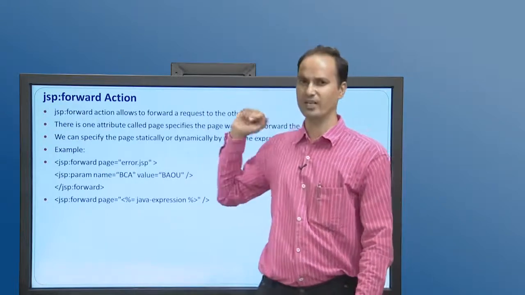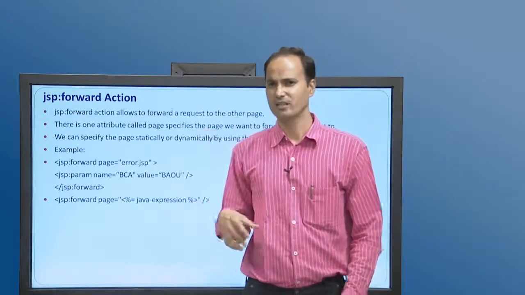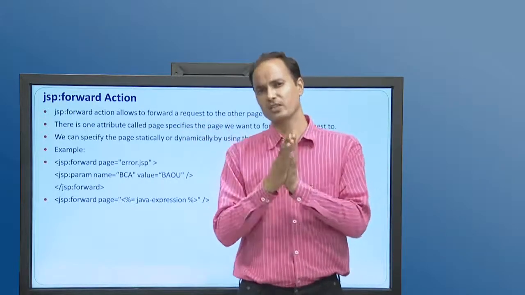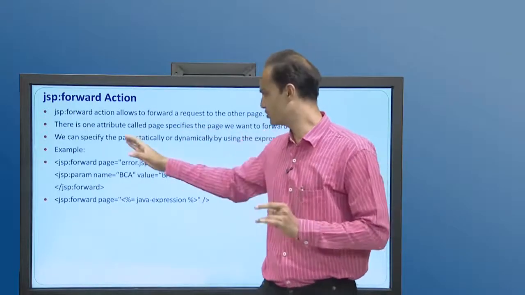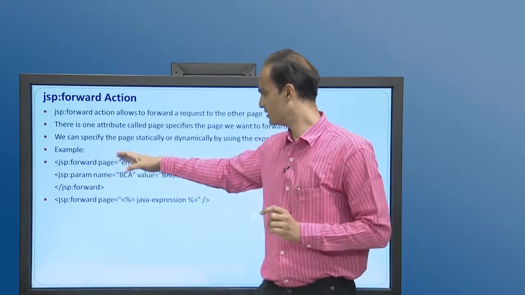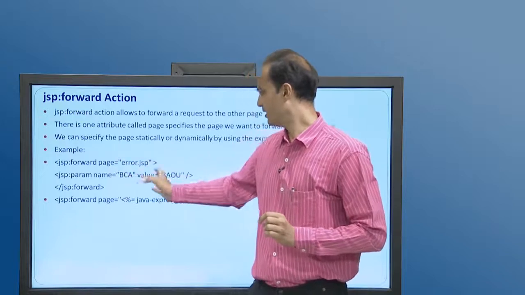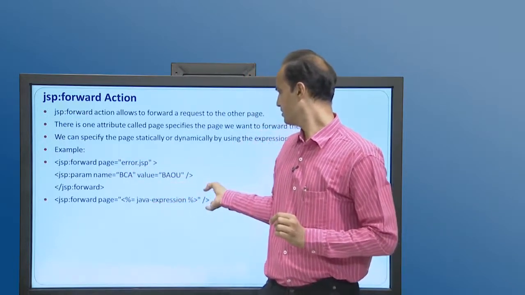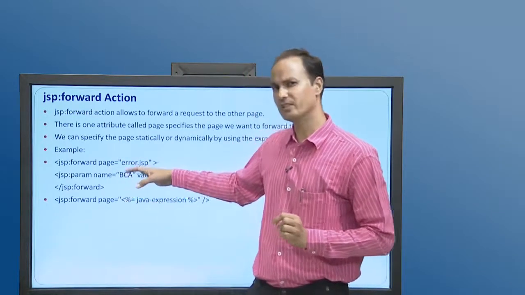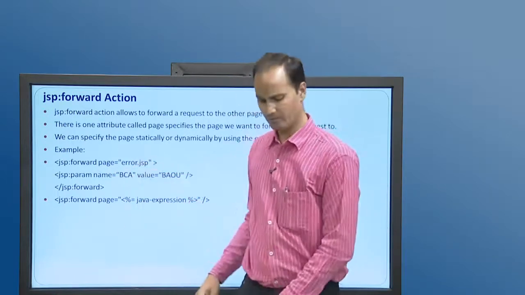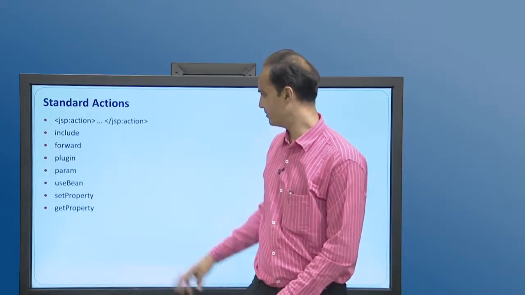Then after that, the forward action. As we already discussed, forward indicates that we want to forward a result to another page, so you can use jsp:forward, and that forwarding will be to error.jsp. Okay. And if you want to pass a parameter along with the JSP in a forwarded page, you can use the jsp:param standard action, because param itself is another standard action.